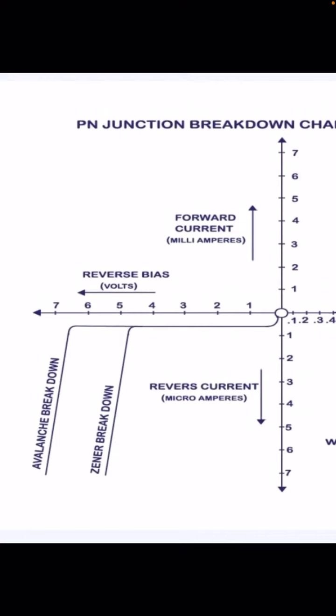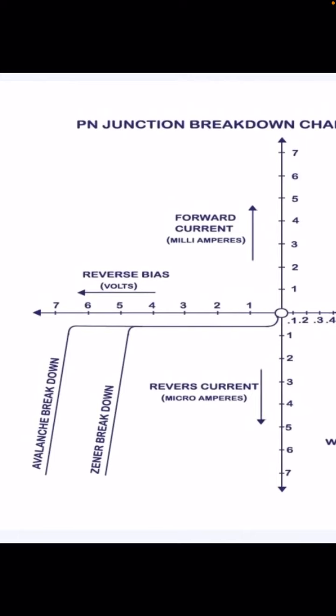So how the increase in reverse voltage results in a very small current, which is not increasing, which is just saturated. As you can see, up to 4 or 5 volt, the current is not increasing and it is very small.